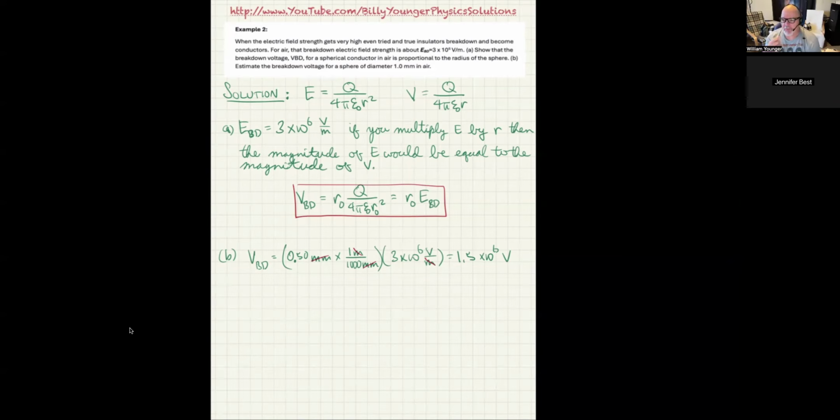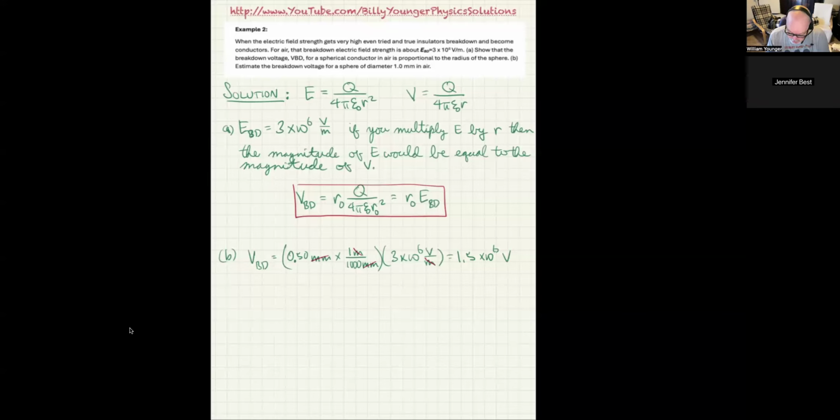So what that really means, by the way, is if you look at a lightning rod, you'll see the lightning rods have a sharp tip. And that's what we're shooting for here. The sharp tip can be pictured as a part of a sphere, and of course, the smaller and smaller the diameter that sphere gets, the sharper and sharper the tip of that lightning rod gets. And that's what we're showing here. It turns out that as the radius of the tip of the lightning rod gets smaller and smaller, it allows the breakdown voltage to be reached easier and easier because it's actually a lower voltage than it would have been.